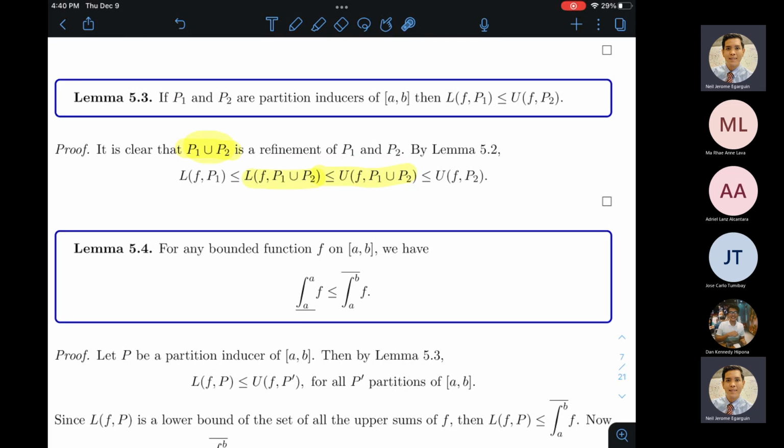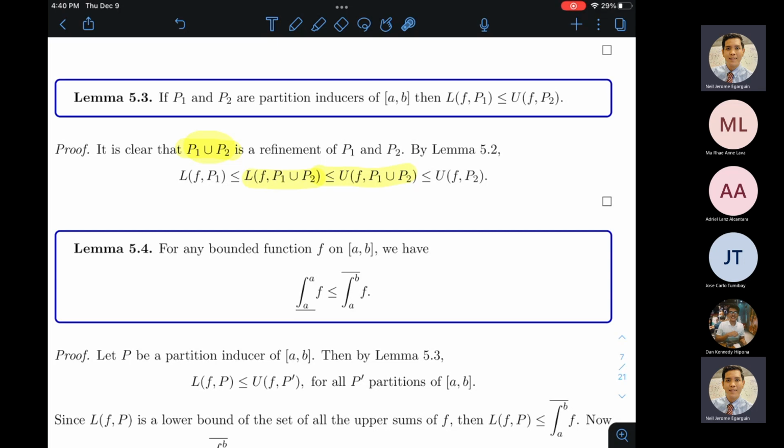But we will use Lemma 5.2 na yung lower Riemann sum ng isang partition inducer ay mas maliit sa lower Riemann sum ng isang refinement ng partition inducer na yon. But we know that P1 union P2 is a refinement of P1. So therefore, this lower Riemann sum would be greater than or equal to the lower Riemann sum of F relative to P1. All right? For which P1 union P2 is a refinement.